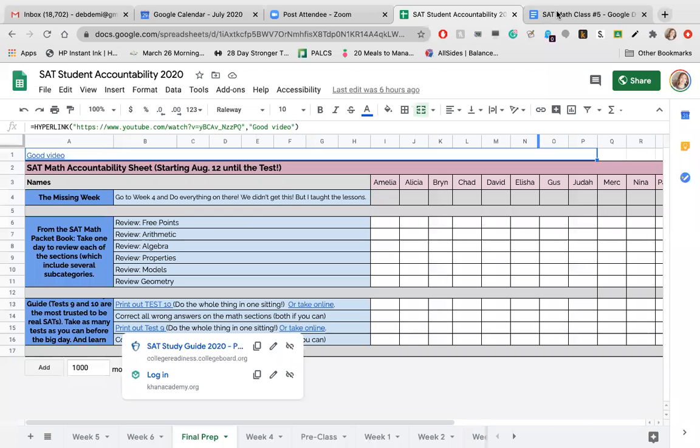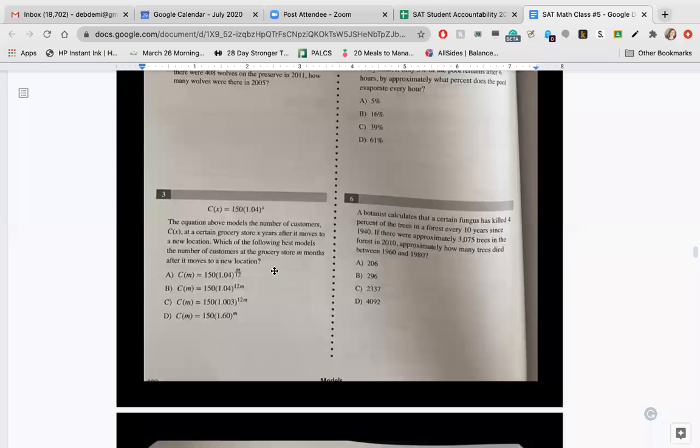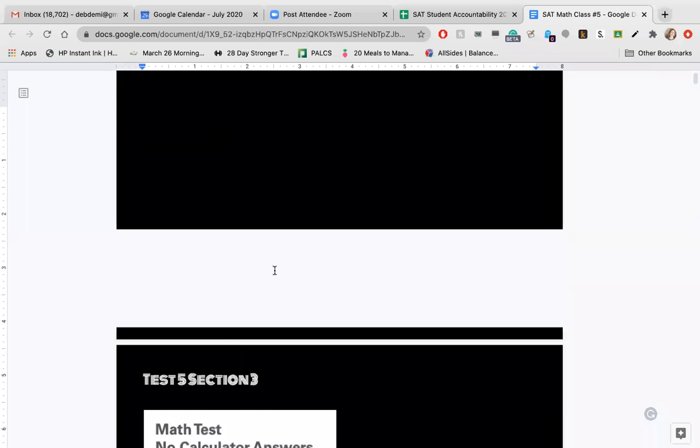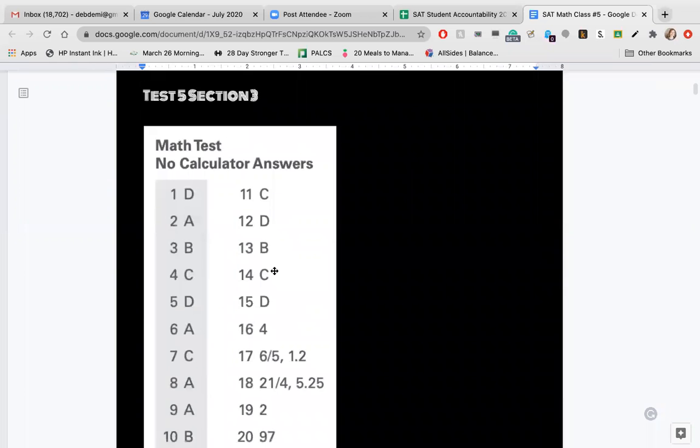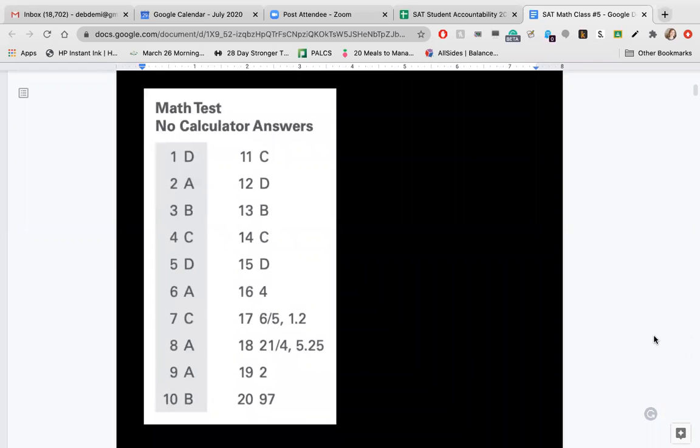Okay, there it is. All right, so here's the answers. Are you ready to check them? So are we down to 4 people? Participants, yes, we lost some people.